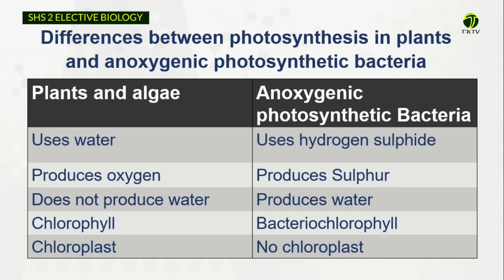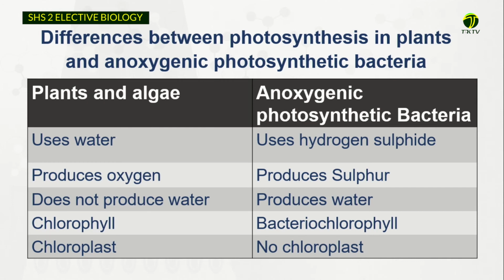Normal photosynthesis in plants and algae produces oxygen. This one produces sulfur. The next one is that they do not produce water, but this one, they produce water.